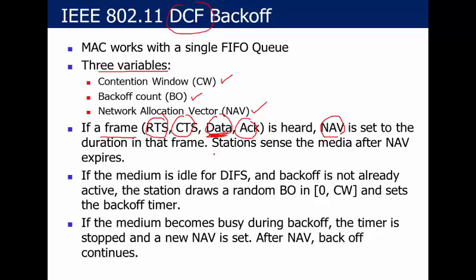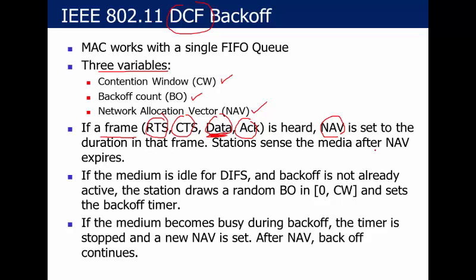All stations sense the medium after NAV expires. When the NAV of one station expires, which means a complete communication, then everybody knows the acknowledge is done and this is a time that I may use the channel.